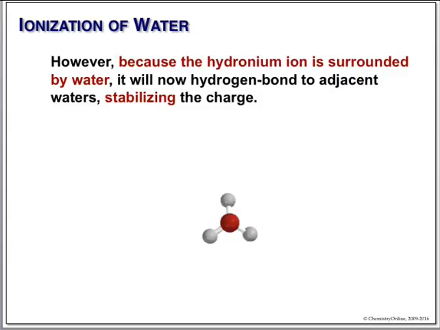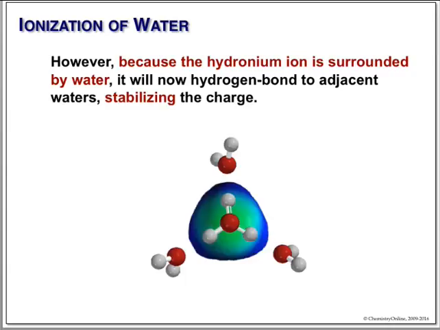If we take 1 hydronium ion and we place 3 waters around it, only 3, we can calculate the electrostatic potential map for this entire complex. Here's our hydronium, again the big blue bottom here. And we're going to calculate where the electrons are in this whole 4-water complex.